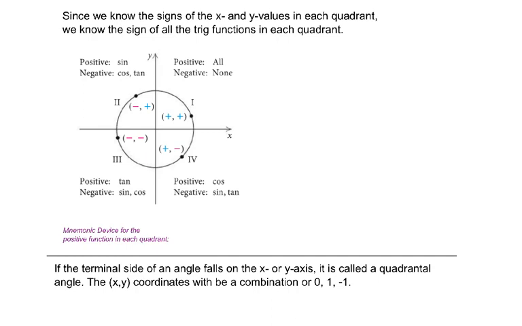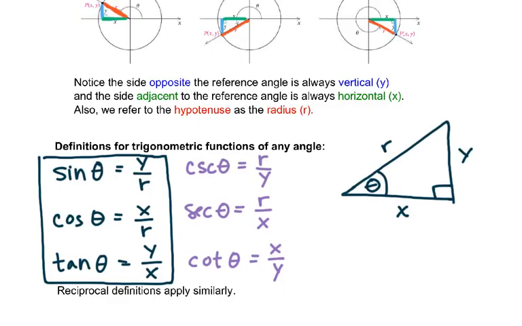All right, so why are we starting to think about these sines and cosines as x's and y's? Well, sine is y, cosine is x, tangent is y over x. You say, well, we have this r in here.